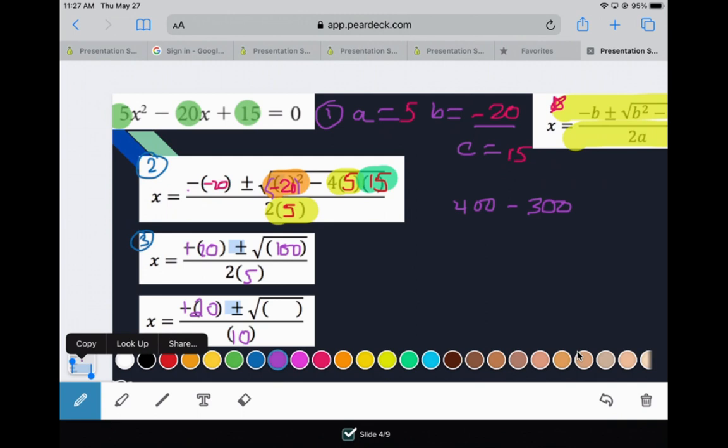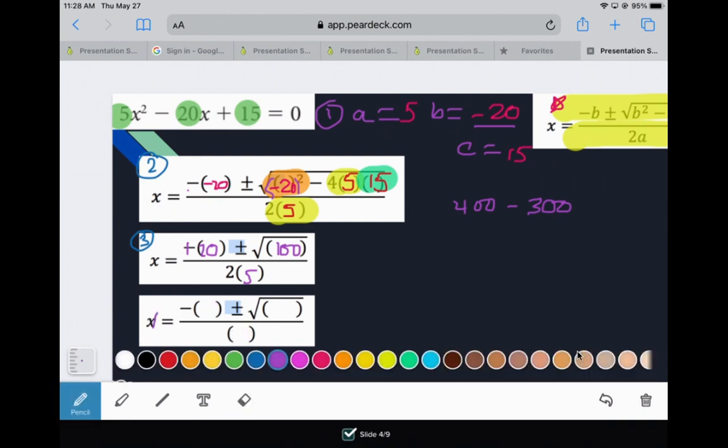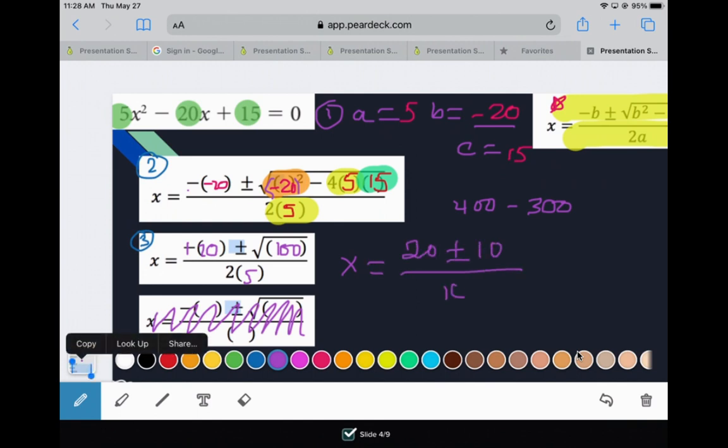Okay, so I'm going to erase this one. When I put in the template, I forgot, not that I forgot, but because for this one, the square root of 100 would give you 10. So this is what I will have: 20 plus or minus 10 over 10.